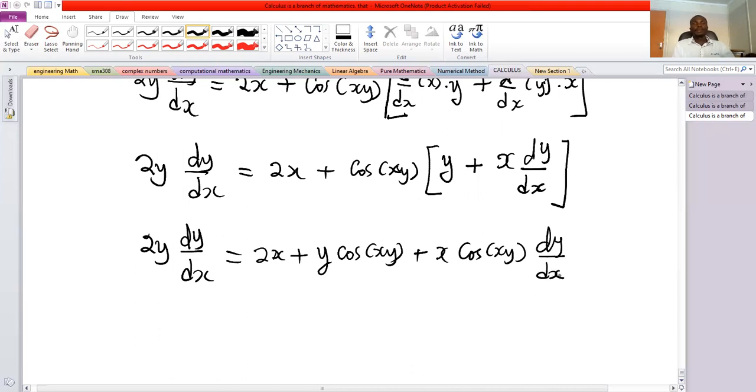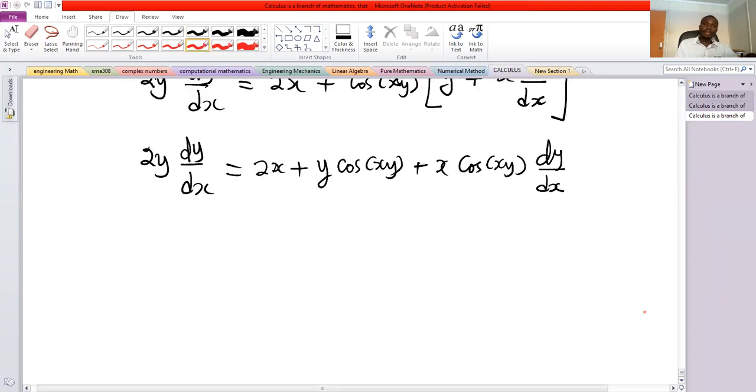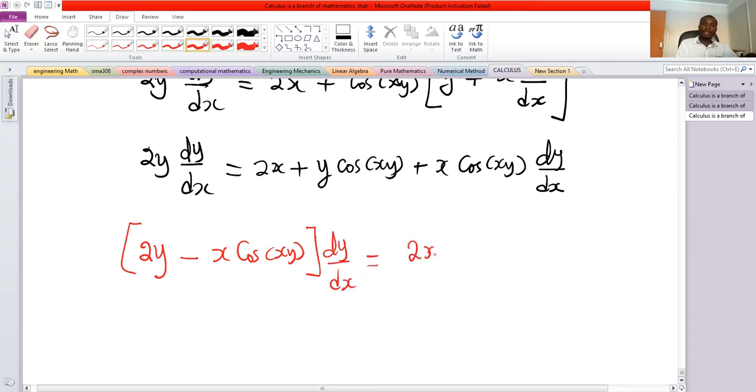Now, usually the next step after doing the derivatives, you collect terms with dy/dx. So take this term to the left. We'll have (2y minus x cos of xy) dy/dx equals 2x plus y cosine of xy.